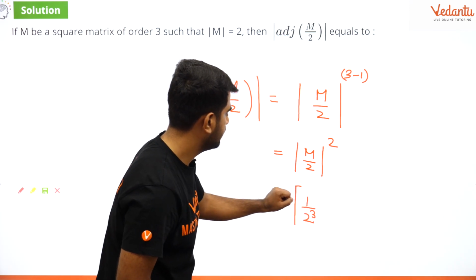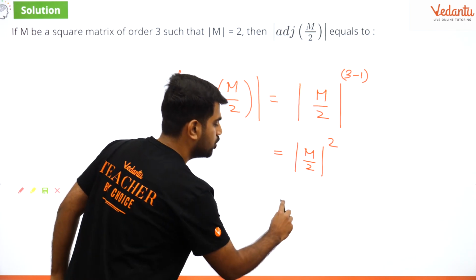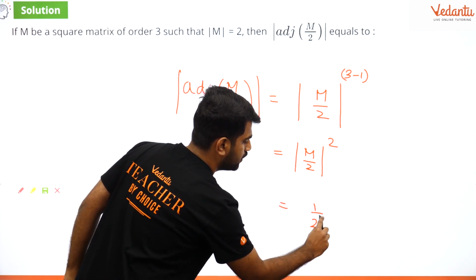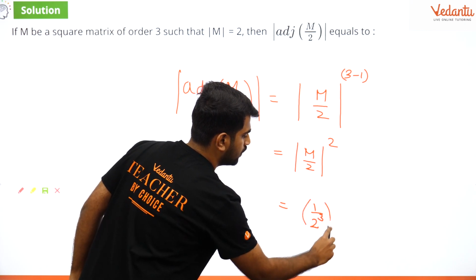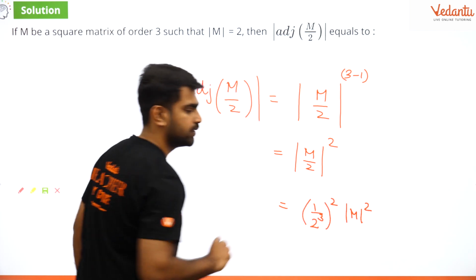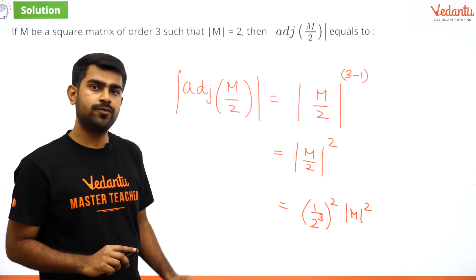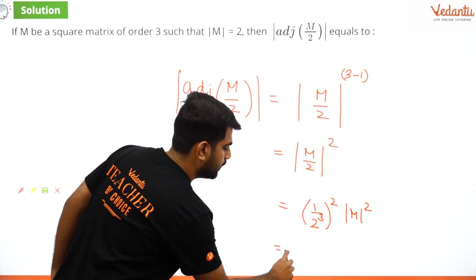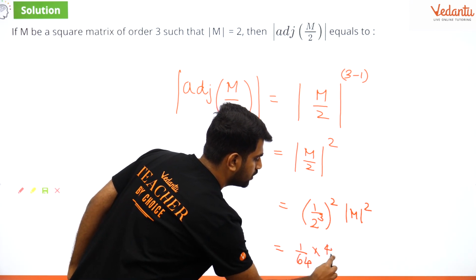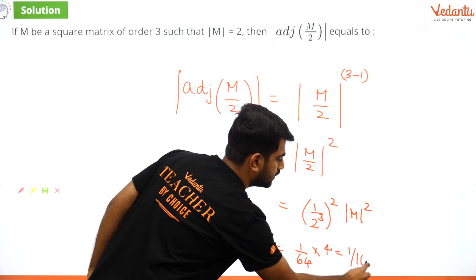Let us write it as (1 by 2 cube) whole square times determinant of M whole square. So that will be my answer for this question. It is going to be 1 by 64 into 4, which is 1 by 16.